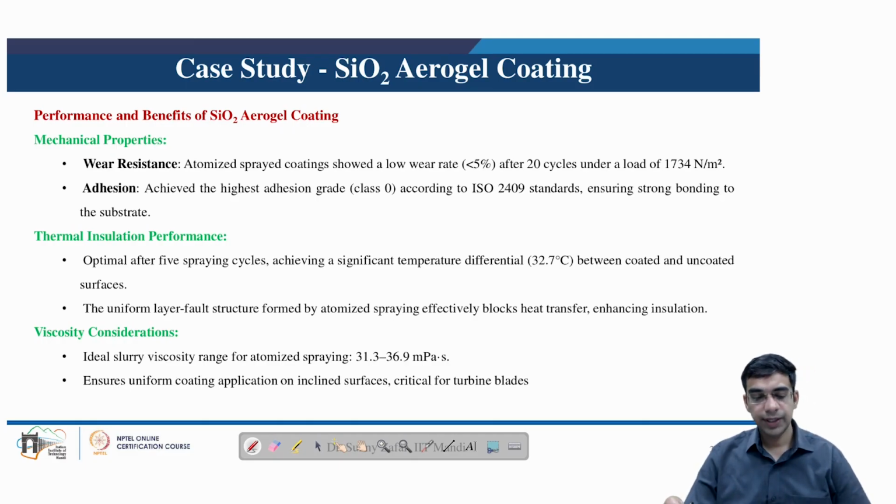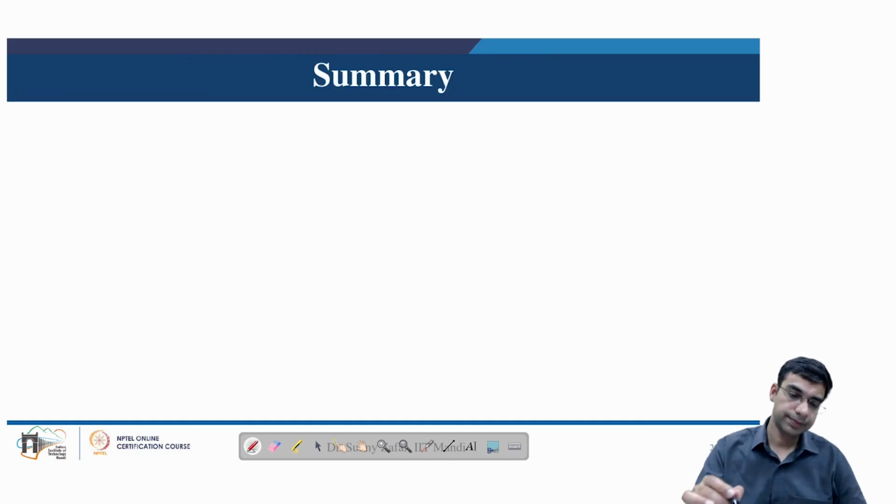A uniform layer pore structure was formed by atomized spraying, effectively blocking the heat transfer and enhancing the insulation. Viscosity considerations included the ideal viscosity range of the slurry, 31.3 to 36.9 millipascal second. This ensures uniform coating application on the inclined surfaces critical for wind turbine blades.